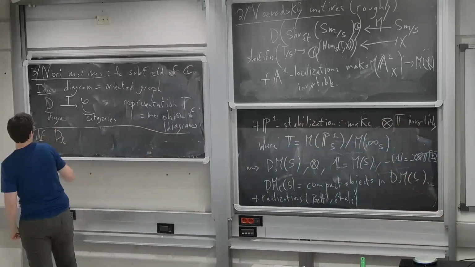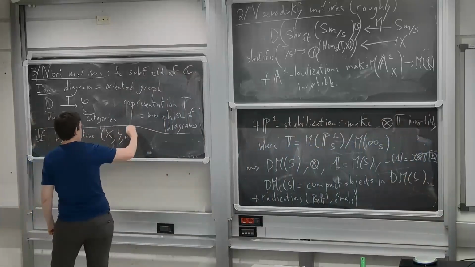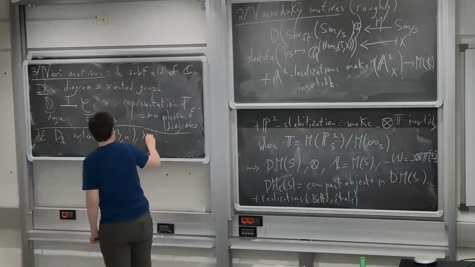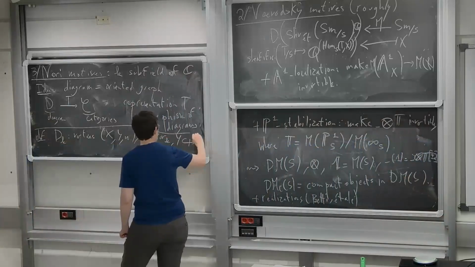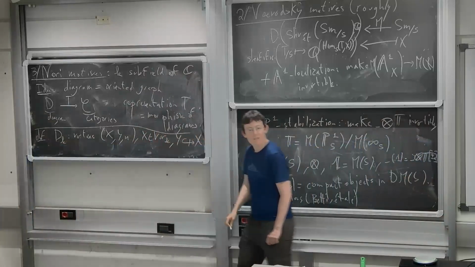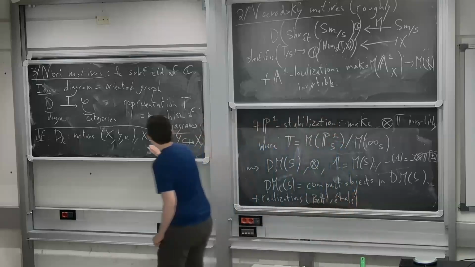And so the idea of Nori motives is that we start with this diagram D_K. D_K is going to have vertices over triples X, Y, and n. X is a variety over K, Y is a closed subset, and n is an integer.